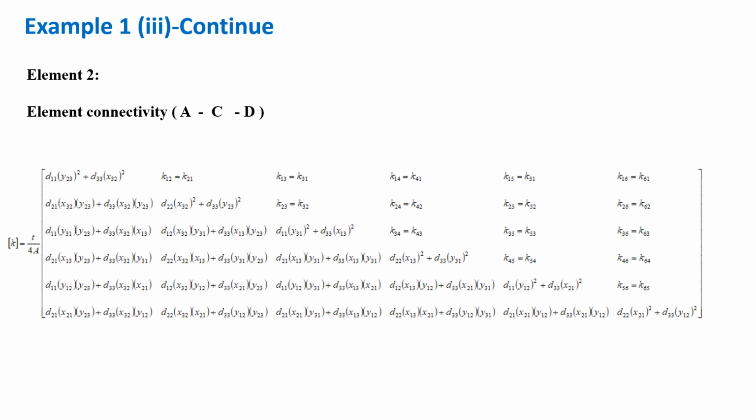Again, as we connected element 2 with nodes A, C, D, the arrangement of the K matrix for element 2 must also follow this sequence. The rows and columns of K matrix 2 must start with UA, VA, UC, VC, followed by UD, VD.